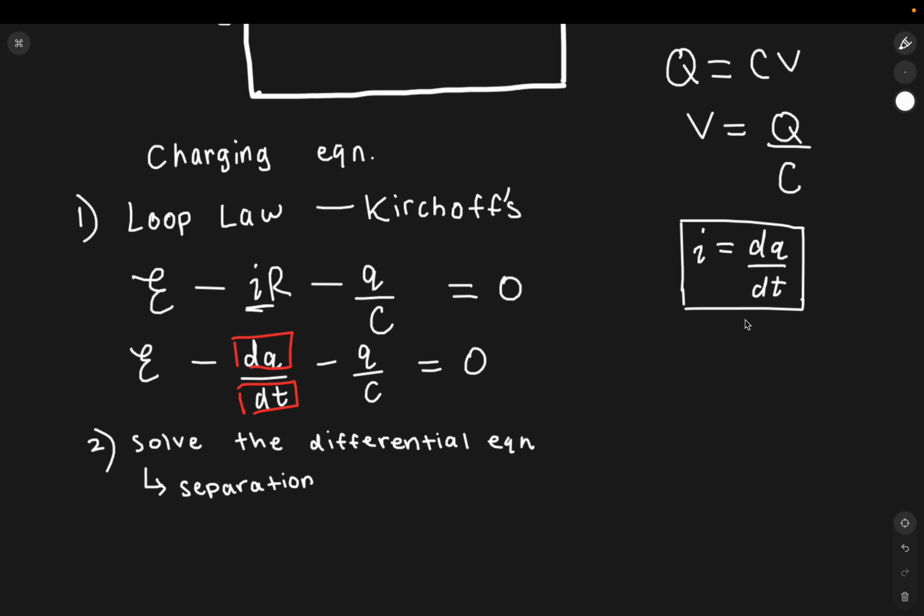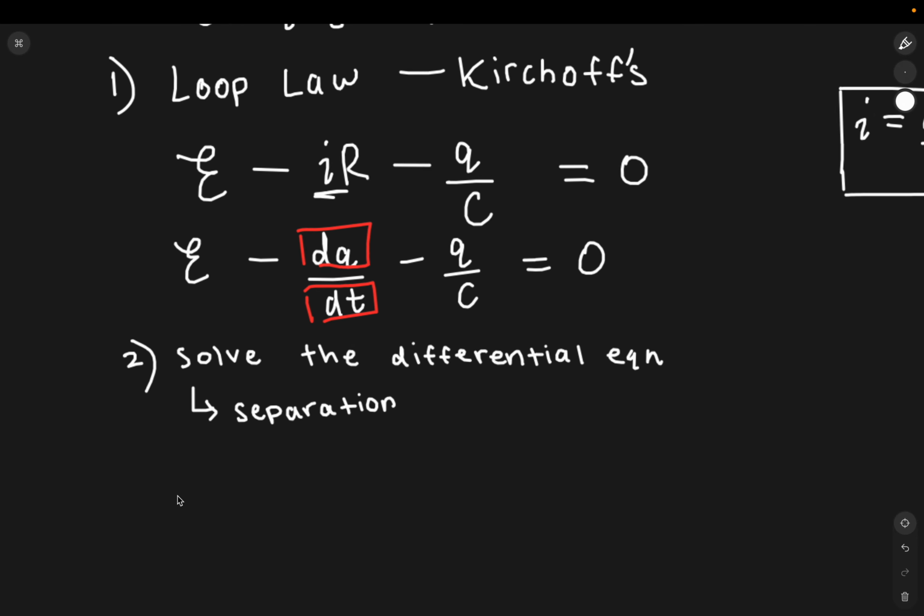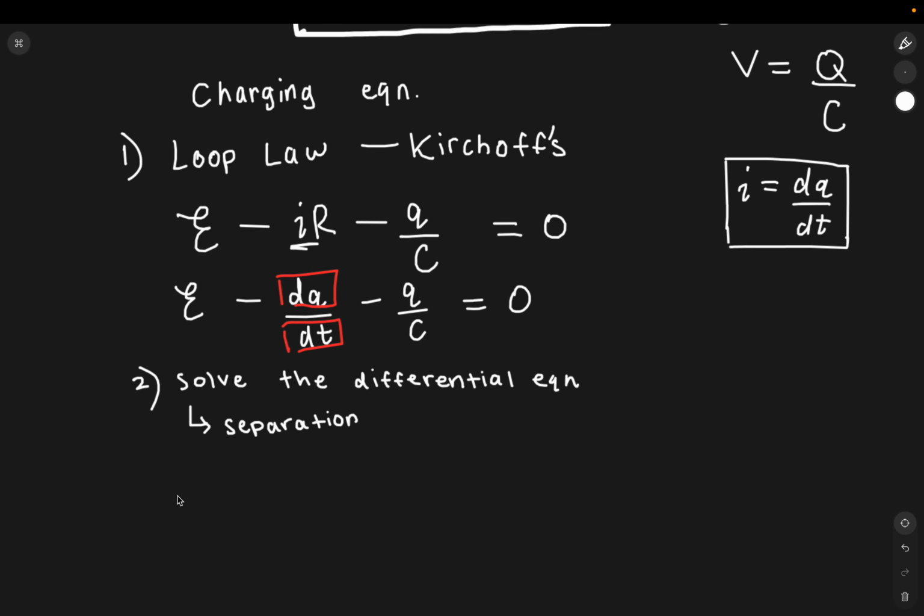What that does for us is we get an equation that gives us the instantaneous slope of the q versus t graph, which is the derivative, and then based on that, we're able to separate these two variables and get a particular solution, which will be our charge.